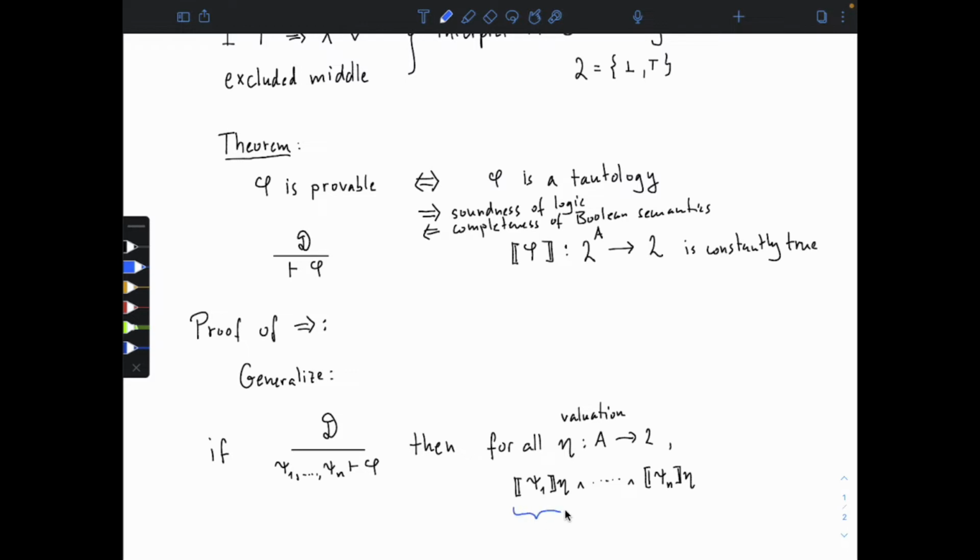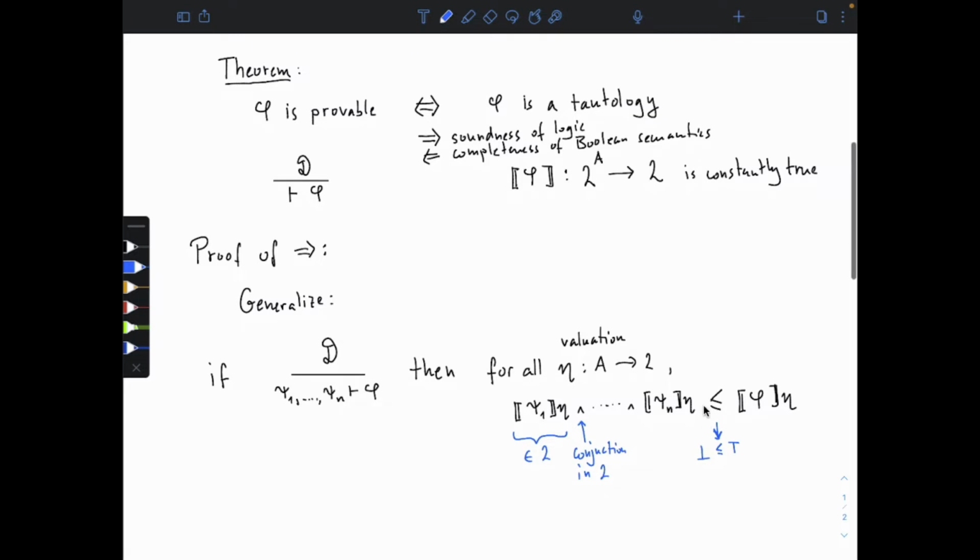Well, each of these things is an element of 2. And this is conjunction in the Boolean algebra 2. So the truth table, true. So this needs to be smaller than the meaning of phi at that same evaluation, where smaller means, of course, that bottom is below top. That's how it's ordered. That's the order that you use.